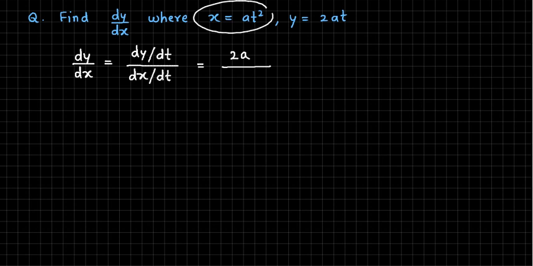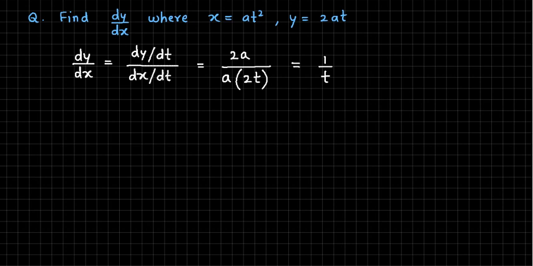Now x is a t square, so since a is a constant it will remain outside, and the derivative of t square is 2t. So cancelling 2a, finally we are left with just 1 upon t. So that's the derivative of y with respect to x.